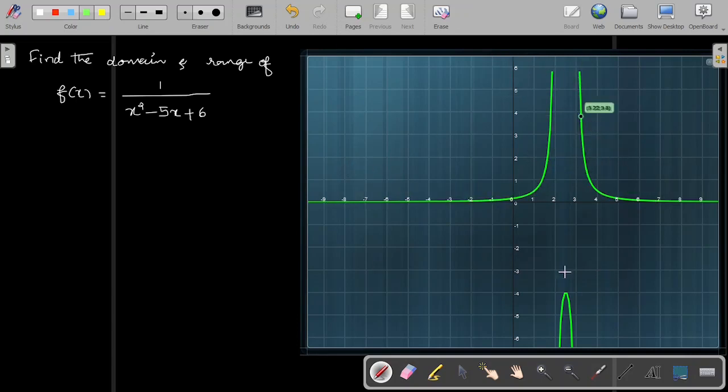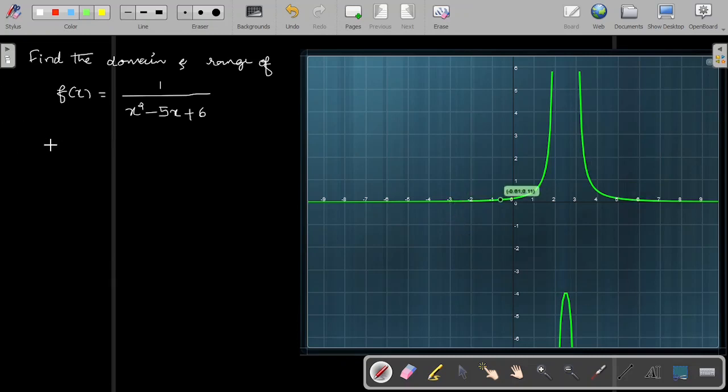Then from minus 4 to all other values below, this is part of the graph. But you can see that between 0 and minus 4, no part of the graph lies. That means every value can be taken as output except those between 0 and minus 4. That is how we calculate the domain and range of the function using the graph.